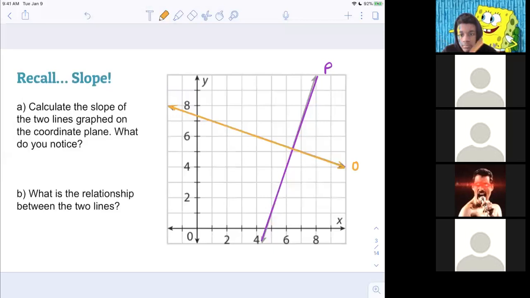Okay, I have 1 answer in the chat. Calculate the slope. Slope of the purple line, slope of the orange line. I need 9 answers from my 9 students because this is a very easy question. So I'm not going to move on until I have 9 answers in the chat. And so far I only have 1.